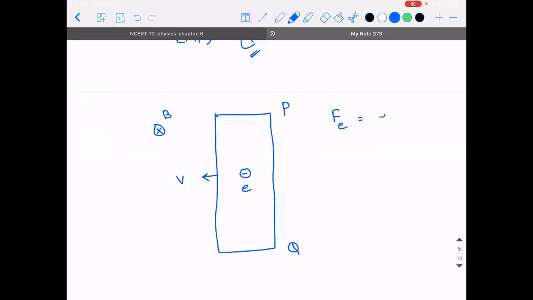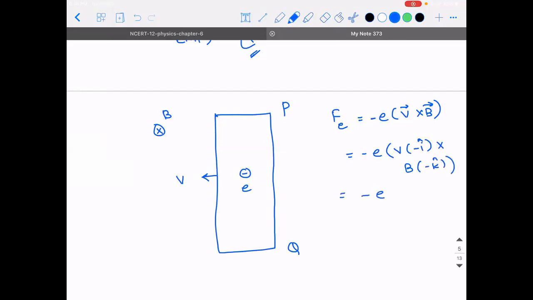Is it not e into v vector cross B vector? According to the Lorentz force, it is e into v cross B. But here e is negative, so I'm taking the minus sign also: minus e into v i cap cross B, where B is minus B k cap.